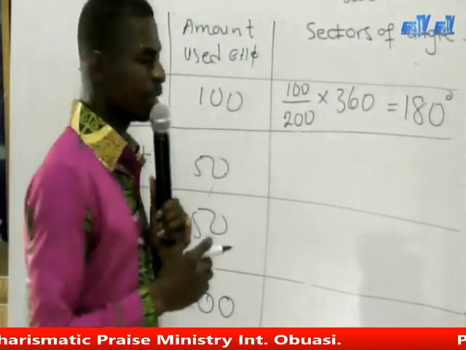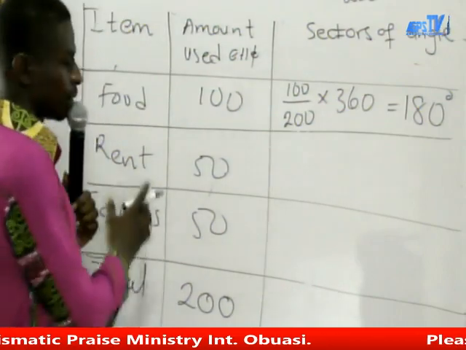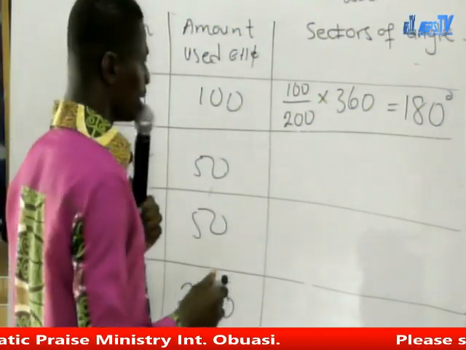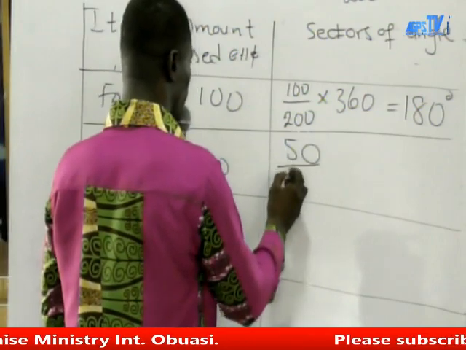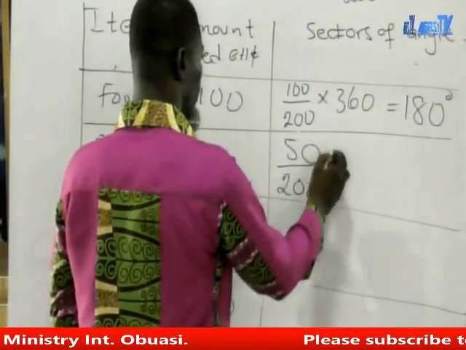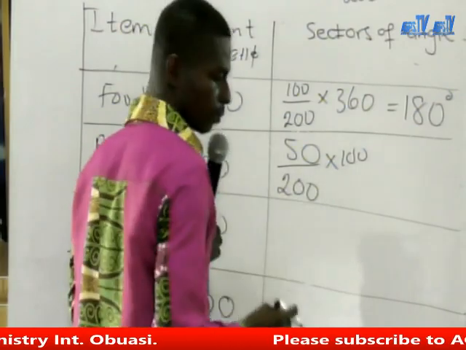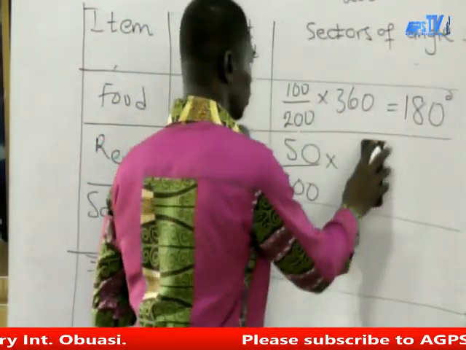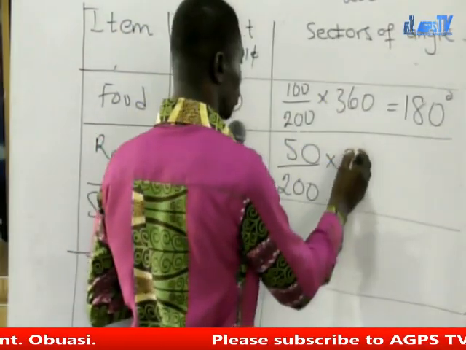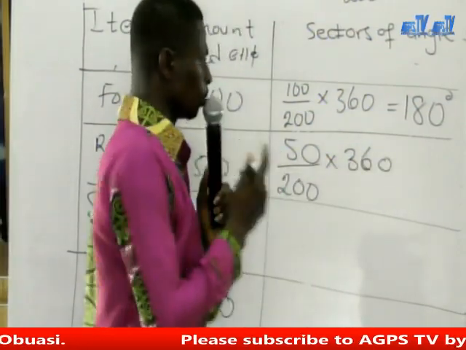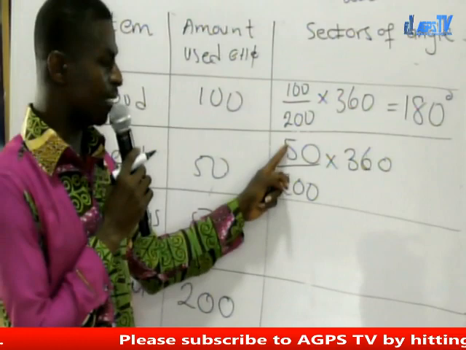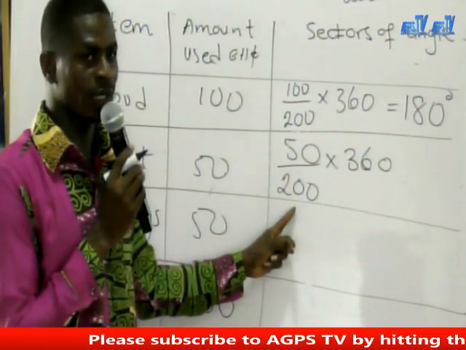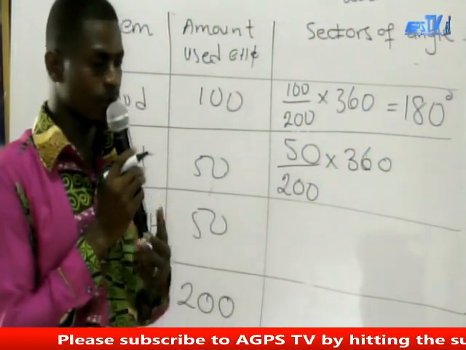Then again, I come to my rent, and my rent is 50. So we are repeating the pattern. 50 out of the total 200 times 360.